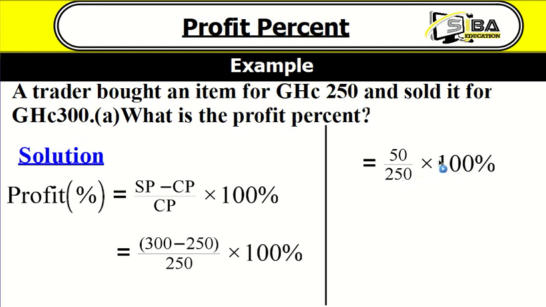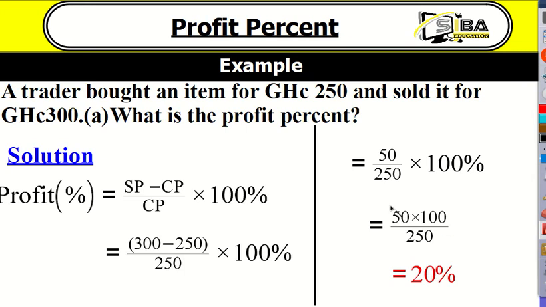By cancellation, the 0 cancels this 0, and I'm sure you can tell me how many times 5 goes into 25.